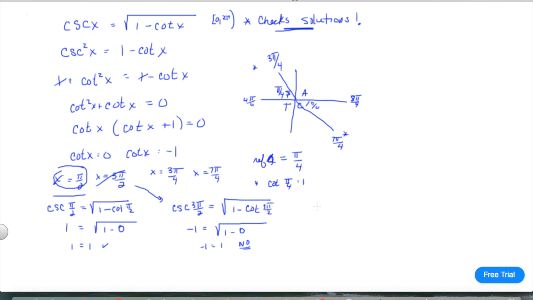So now I would do the same thing with x is equal to 3 pi over 4. So cosecant of 3 pi over 4 is equal to the square root of 1 minus cotangent of 3 pi over 4. So now I'm thinking 3 pi over 4. So this is a special triangle. Cosecant of 3 pi over 4 is positive, right? Because that would be in quadrant 2, where sine and cosecant are positive. So this would be with a reference angle of pi over 4. So again, consulting my cheat sheet, I can see that this is the square root of 2, right?